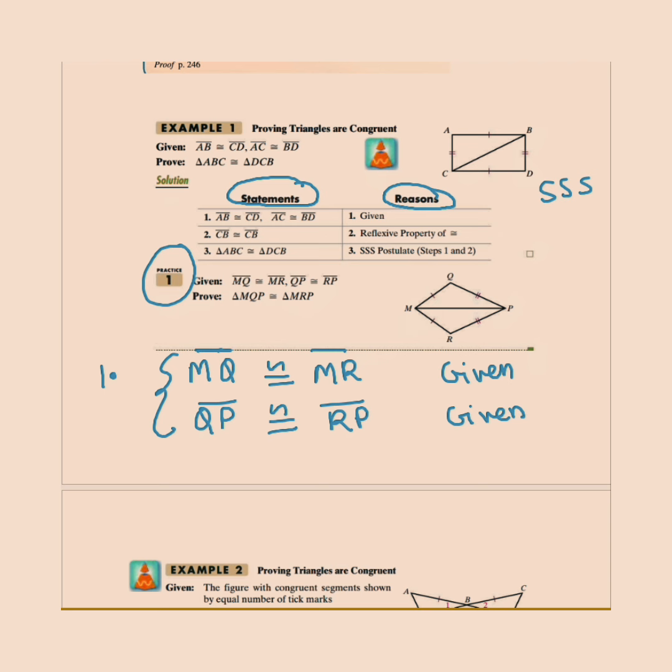We can see that again we have a common line. A common line, you can always use the reflexive property and say that line segment MP is congruent to line segment MP again, and the reason could be reflexive property of congruency.